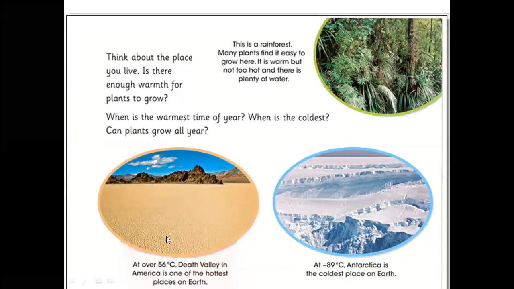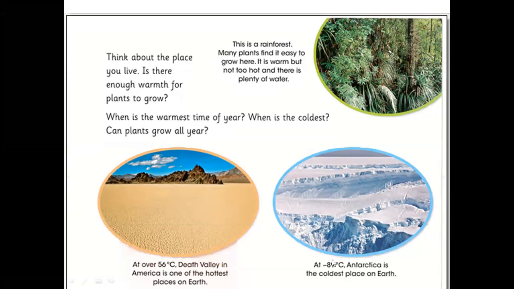This one is in America, Death Valley is its name, and it's so hot, 56 degrees. It's a very hot temperature. You can see here there is no kind of plant. It cannot survive here.